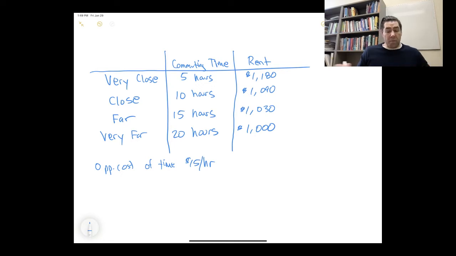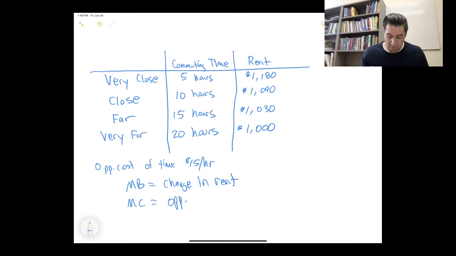So in this example, I'm going to say the marginal benefit is equal to the change in rent. It's how much my rent is going down. The marginal cost of moving further away is the opportunity cost of commuting. So I should say the change in opportunity cost of commuting.